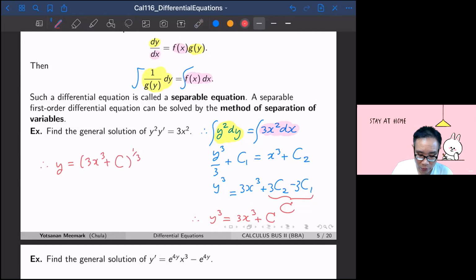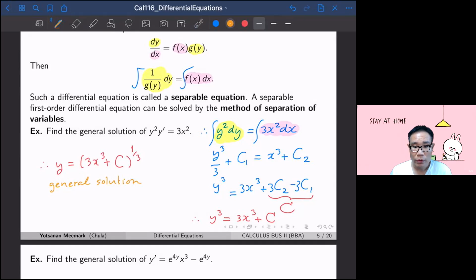Okay, so this one is the one given in the previous example, and this is the way to obtain y. So this is called the general solution, and it's given by y equal to (3x to the third plus C) to the 1/3.